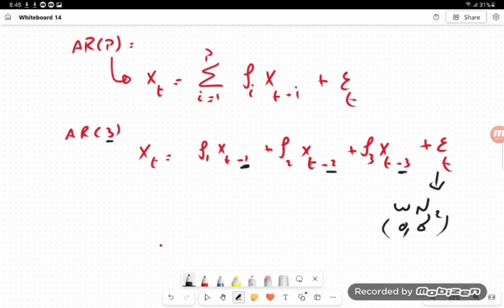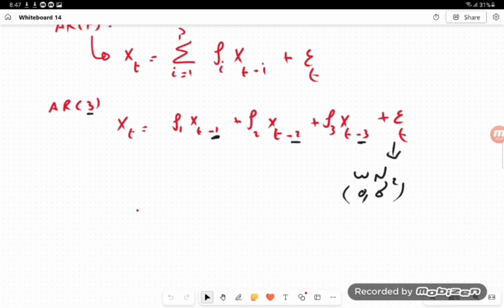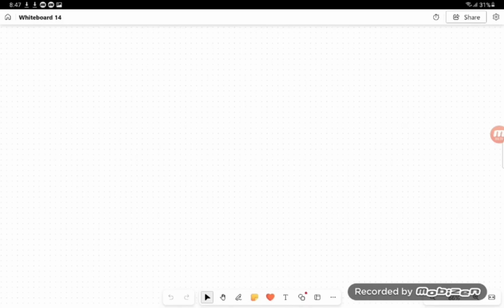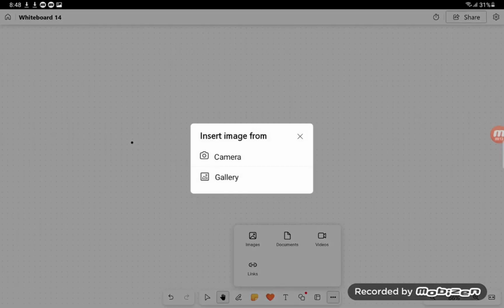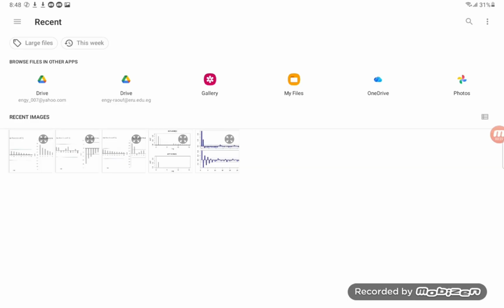How to determine the order of the AR model? The order of the AR model is determined based on what's known as ACF and PACF figures.